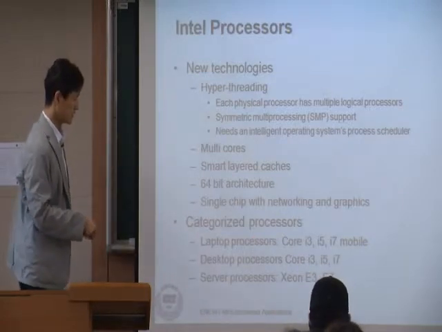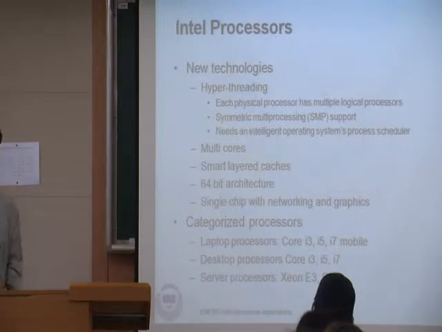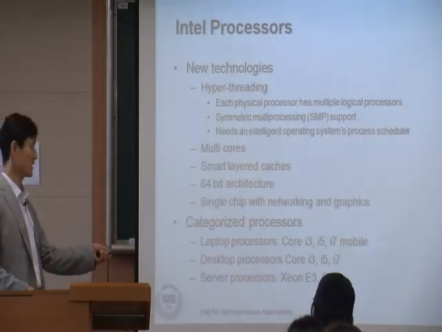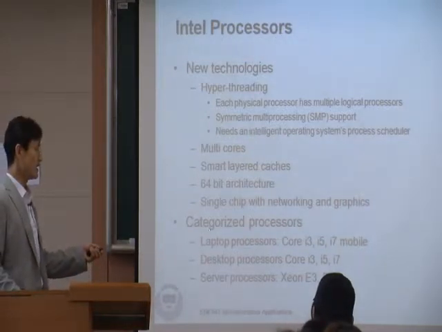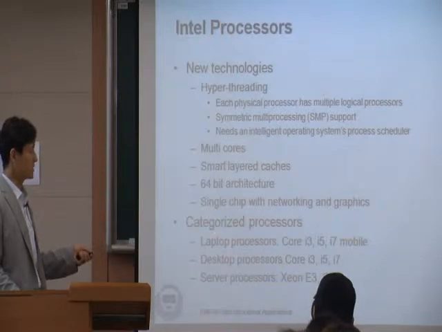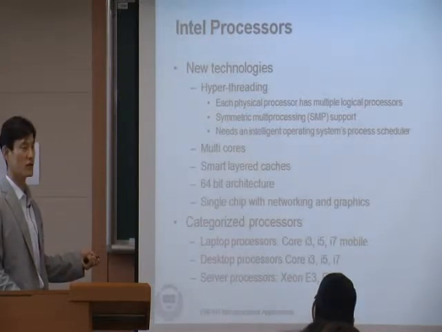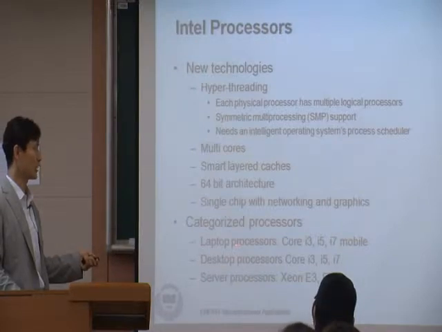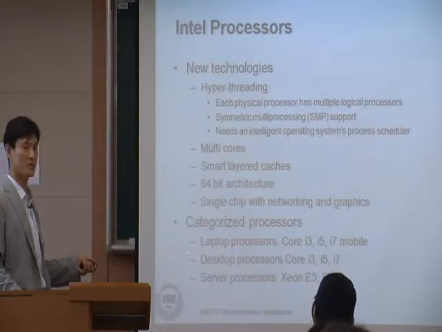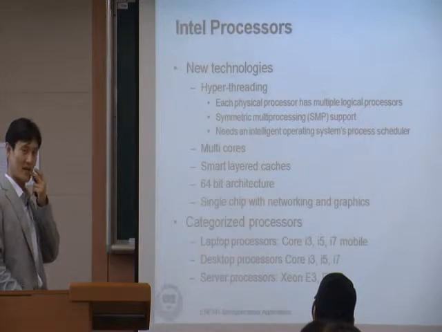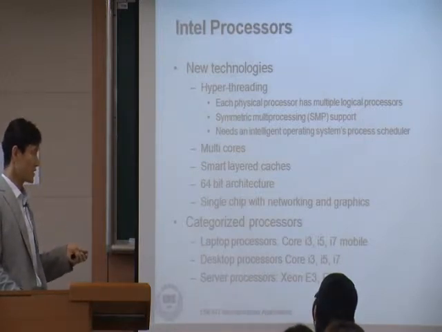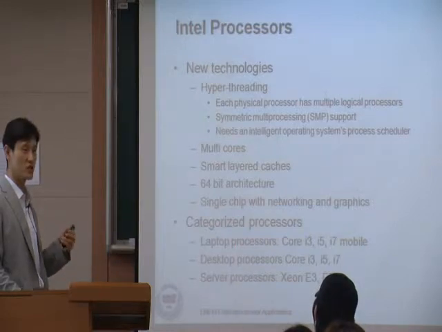These are some other examples of processors: laptop processor, desktop, server. Why do you think Intel categorized processors this way? Why is a laptop processor different from a desktop? Because each processor needs to be optimized differently.